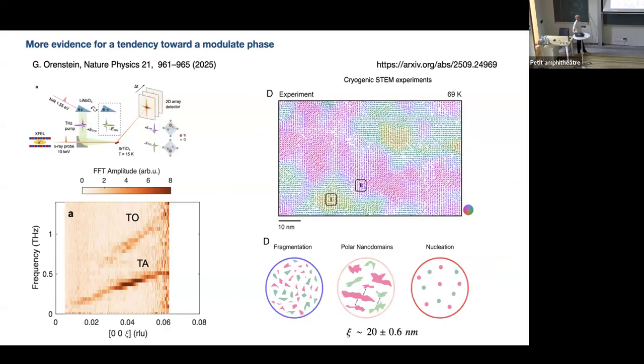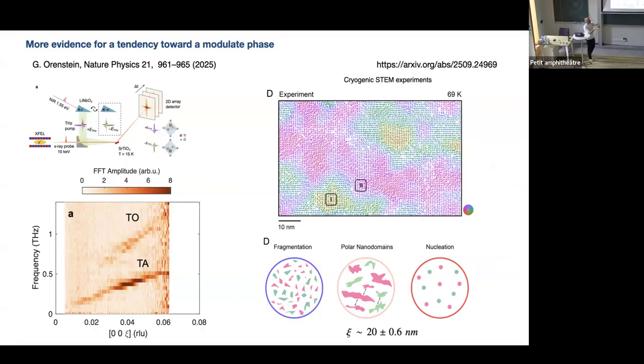Again, I just want to show another result, to tell you that there are a couple of groups working on and finding more or less the same physics, even though there are differences. This is a recent transmission electron microscopy measurement.